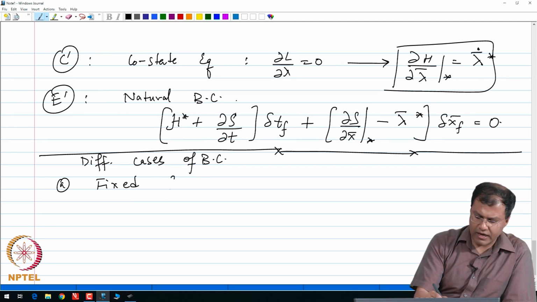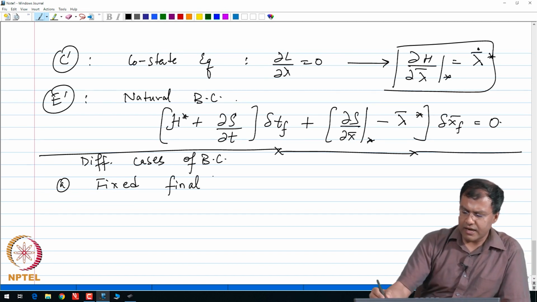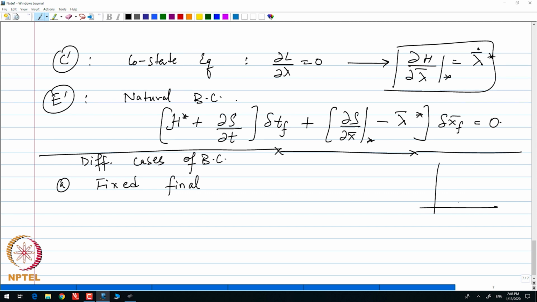So, fixed final time. Notice that in our setup, we never change our initial reference point. Whether it is the optimal curve or the perturbed curve, it always starts with the same starting point.